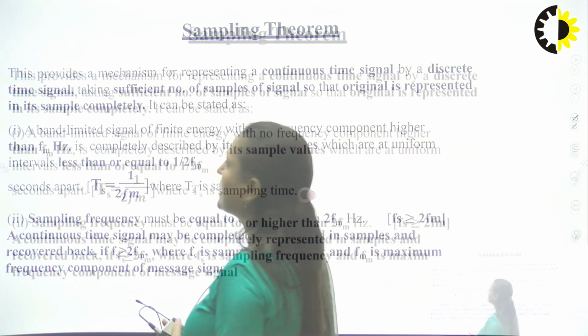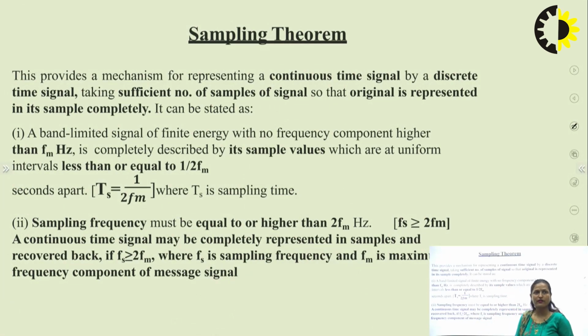It can be stated that a band limited signal of finite energy with no frequency component higher than fm hertz is completely described by its sample values at uniform intervals less than or equal to 1/2fm.